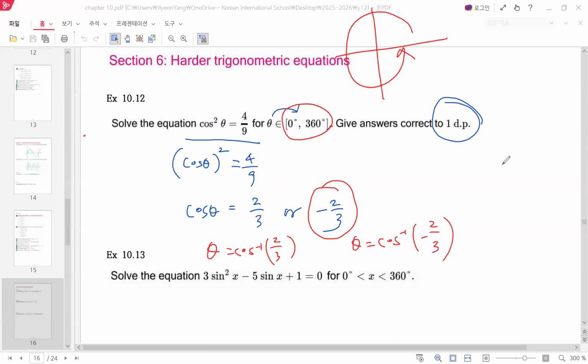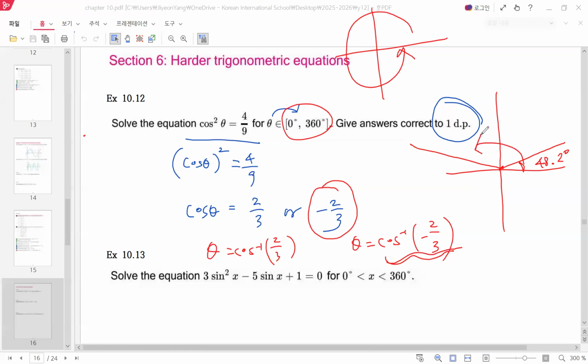Okay, students, please give me the value of each. 48.2. Thank you so much. So basically 48.2, and then guys, can you see this value? This value is actually going to be this one.